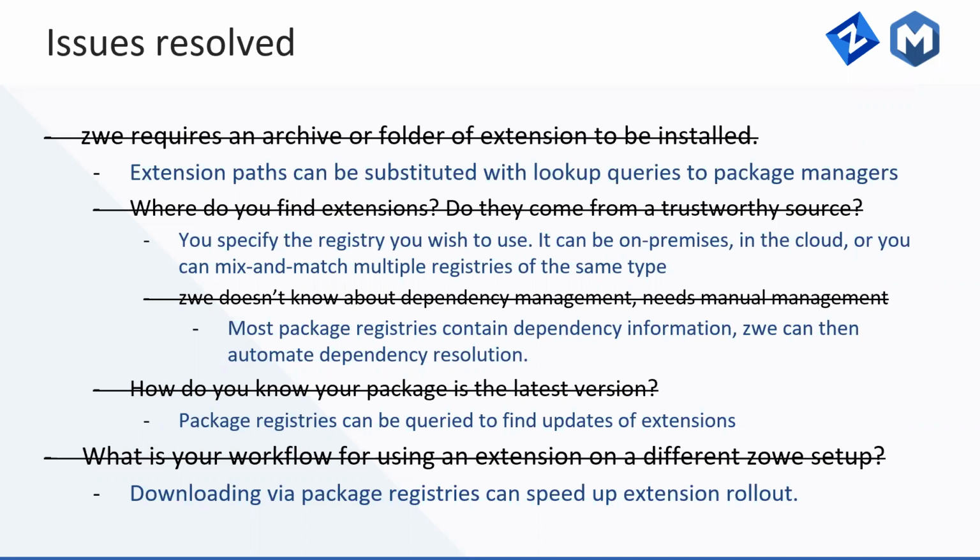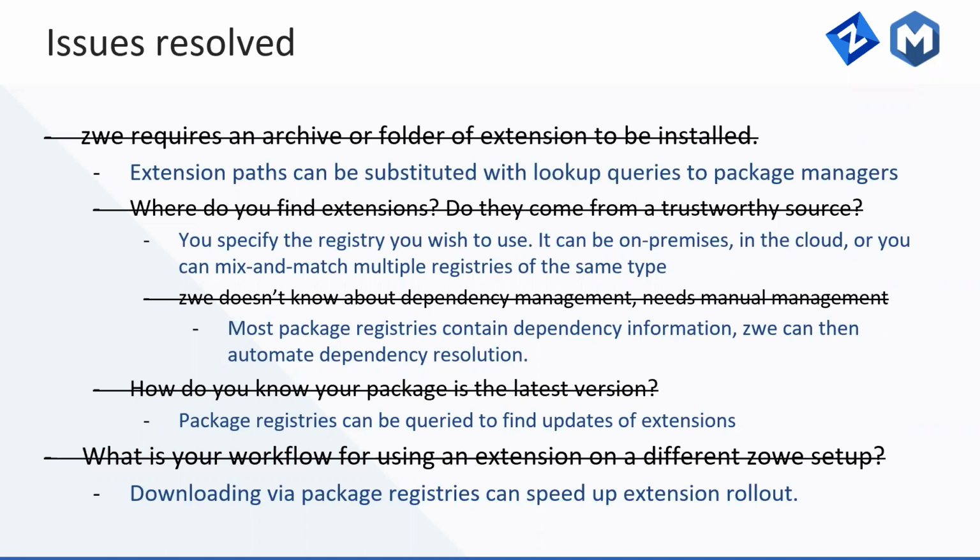The solution here is, well, you can still do that if you want to, but you don't need to, because every argument that takes a path can now instead include a query to a package manager. And if you do that, then the question of where did you find that extension and do you trust it is, well, you got the extension from whatever registry you chose.